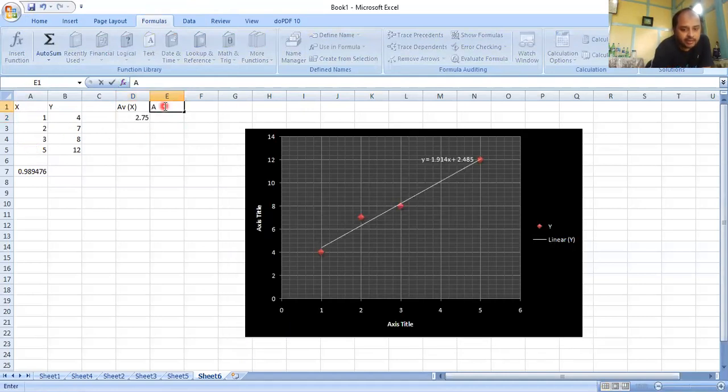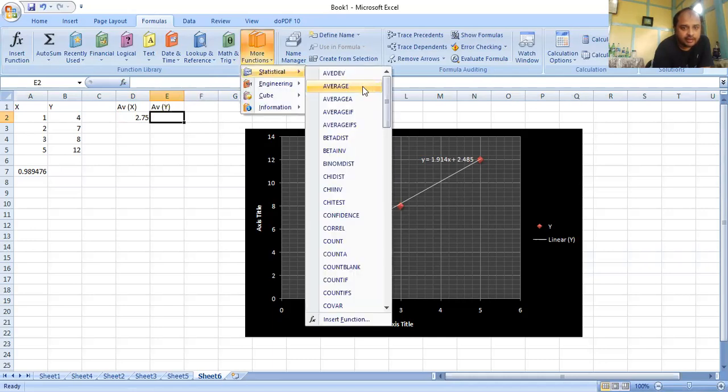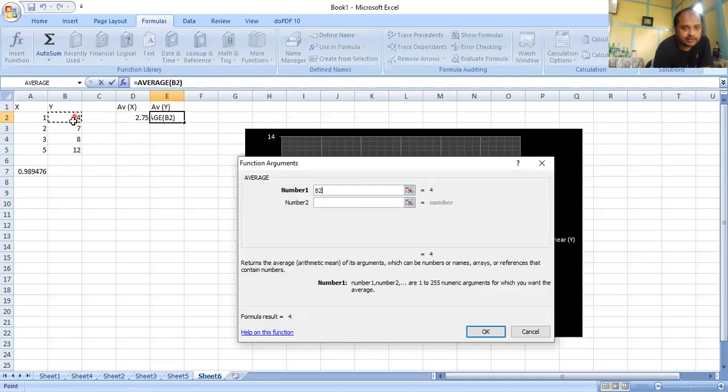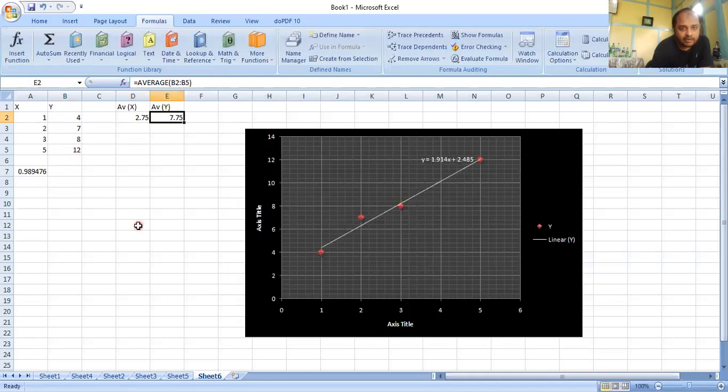Similarly, to calculate the average of Y, we select a blank cell, go to more functions, click on average, and select the column B2 to B5, and the average comes out as 7.75.